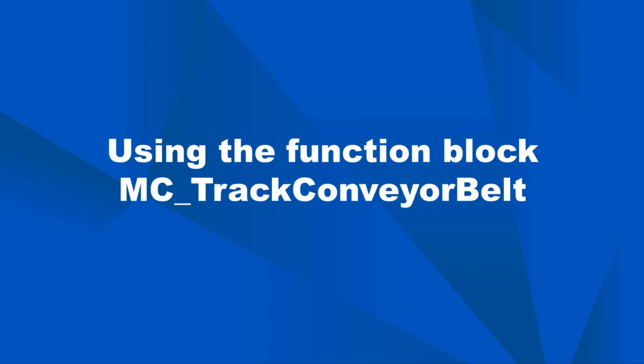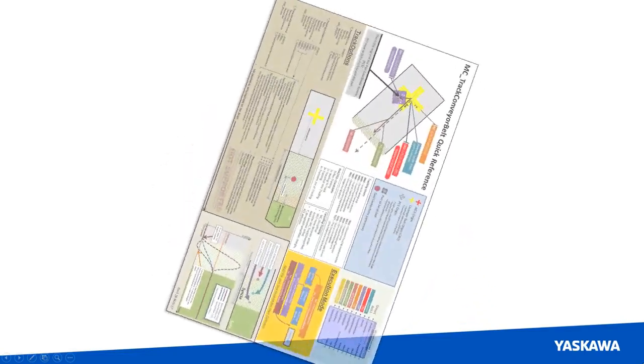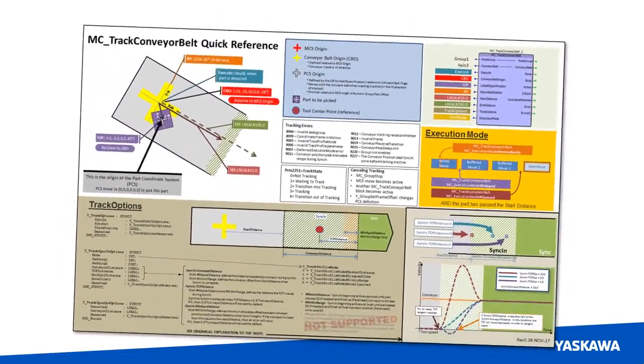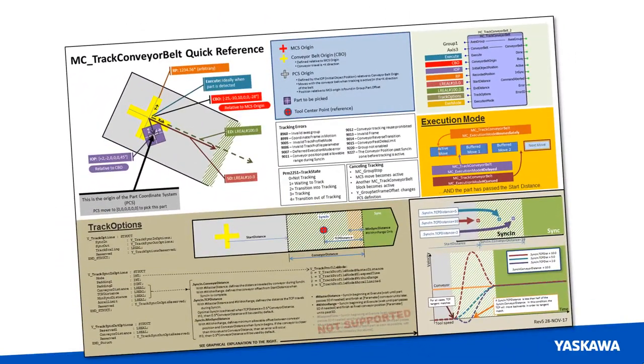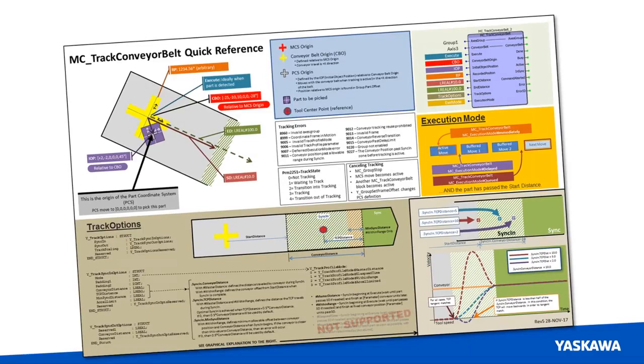So let's talk about how we're going to use our MC track conveyor belt function block. Before we start, I just want to point out that we've actually created a quick reference guide. We're not going to go over what you see right now, but it does exist. It's on our website, and if you search for conveyor tracking or quick reference guide, you'll find this single sheet quick reference guide that you may find helpful when you're starting to use conveyor tracking.